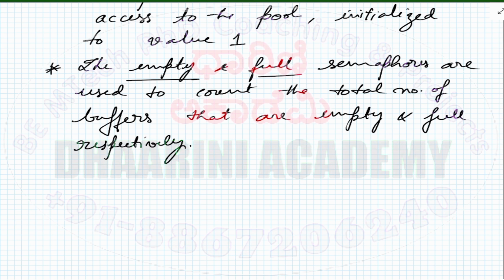Now at the beginning, the empty semaphore will be initialized with n because we don't have anything filled, everything is empty. And the full semaphore is initialized with the value 0. That's obvious. Now let us say we have a producer process. How do we deal with these empty and full semaphores, providing access to the bounded buffer?